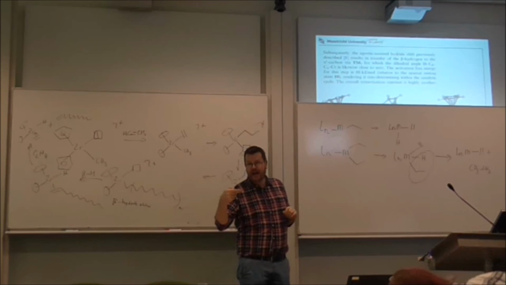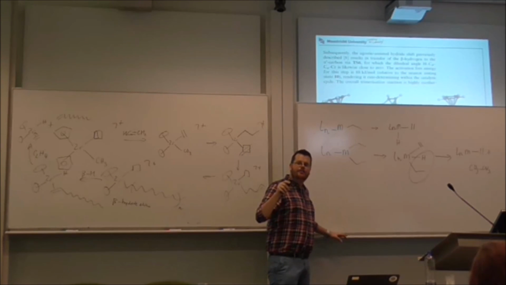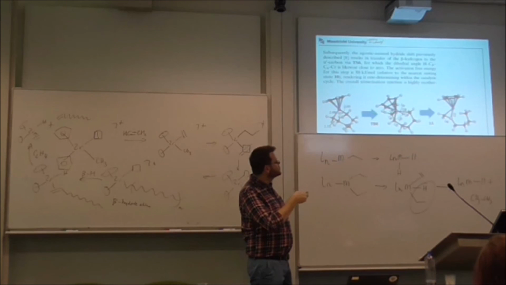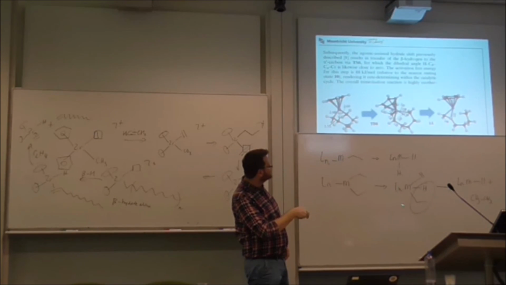Another way of thinking about it is that it reductively eliminates, but generally the process is concerted. In other words, you don't actually form this intermediate per se. That intermediate resembles what I have there in the transition state. You see there's a hydride. This is starting to become an alkene. So it's resembling that.